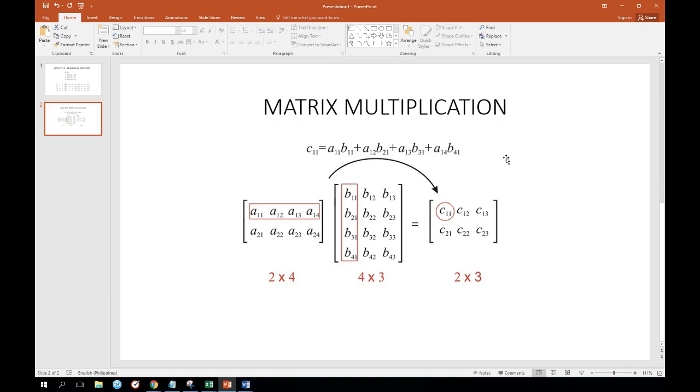This is how the quick formula looks like: the first element of the first matrix multiplied by the first element of the second matrix, added to the second multiplied by the second, and so on and so forth. It's important that we understand this because again, if we don't, we will have a hard time understanding how to do the Doolittle method.